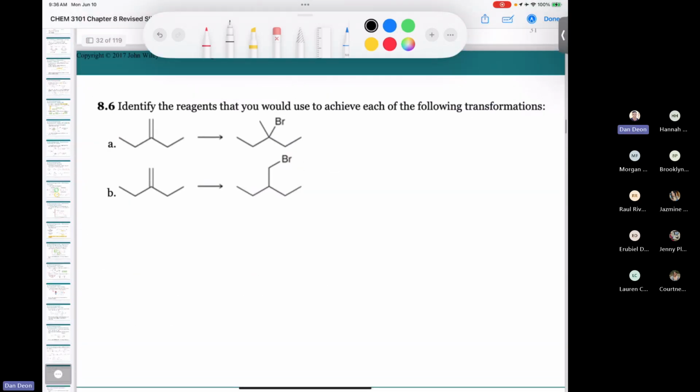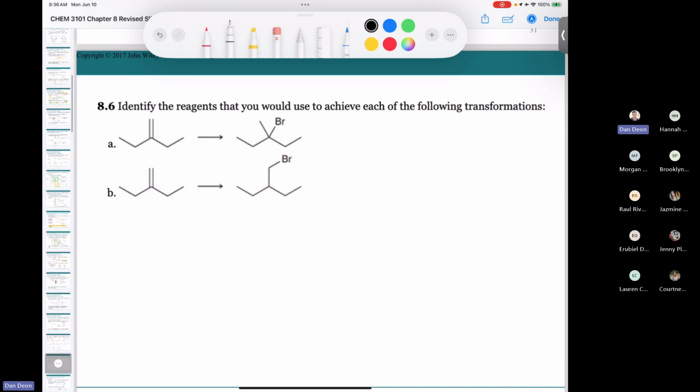It says identify reagents that you would use to achieve each of the following transformations. So we have the same starting material or substrate, and then we end up with two different products. So let's say the first one, this one here, would this be a Markovnikov addition of HBr or anti-Markovnikov? The one in A, would that be Markovnikov or anti-Markovnikov?